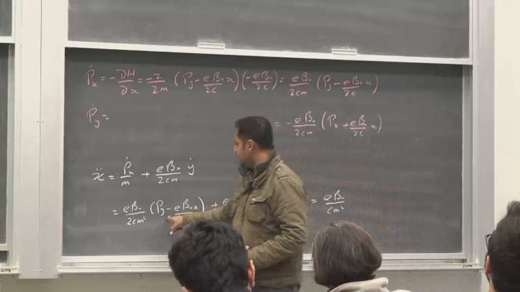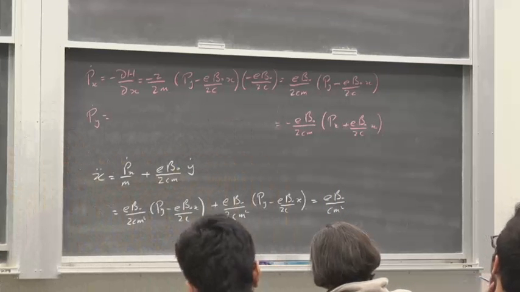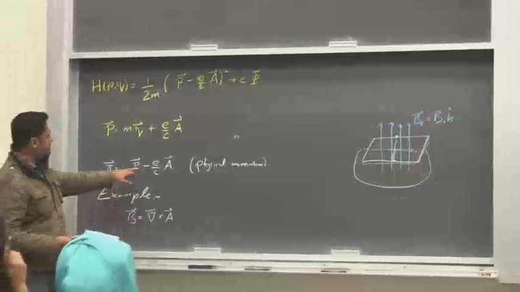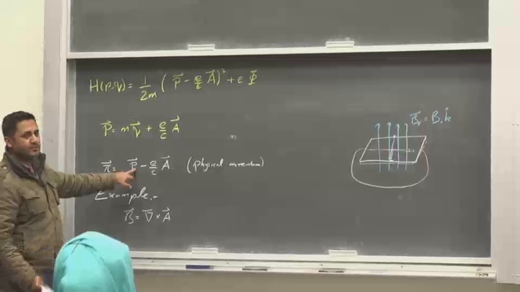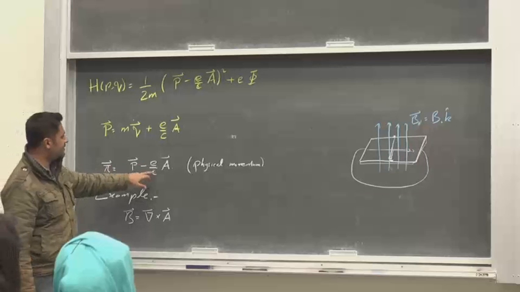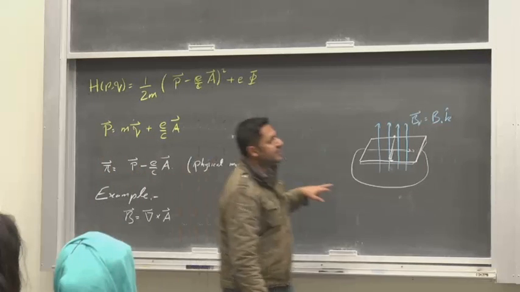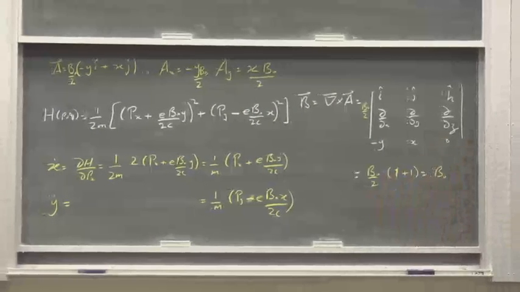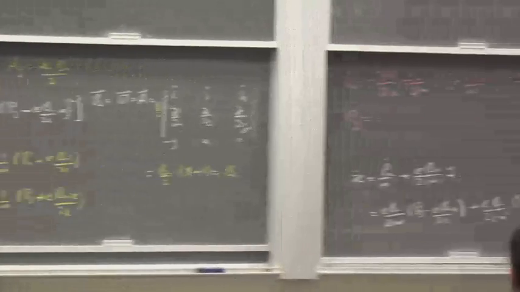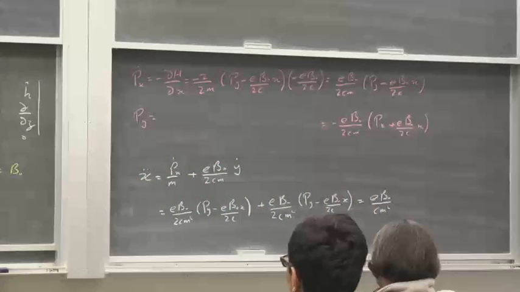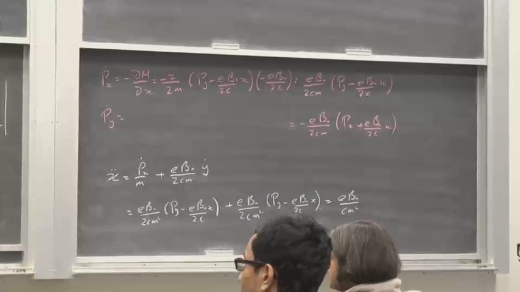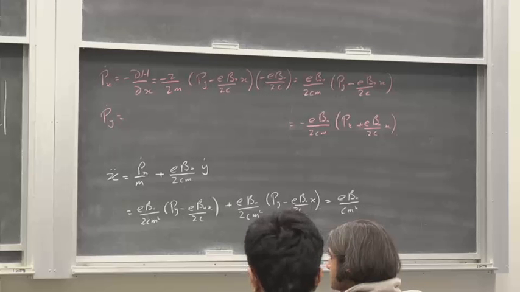this guy is common, but this guy, if you look back over here, py, if I pick the y component, is py minus e over c Ay, and Ay is x B naught over 2. So this is actually giving me the mechanical momentum.